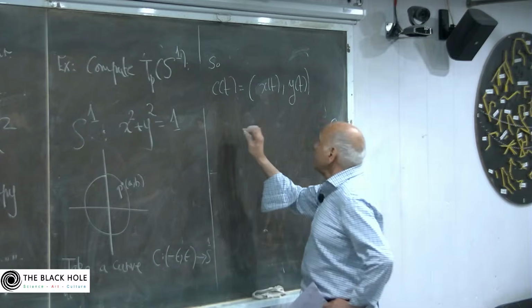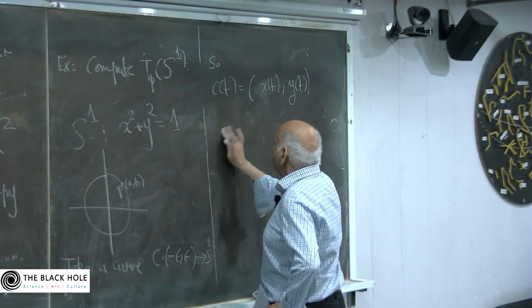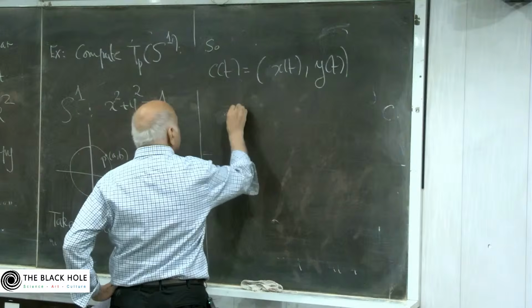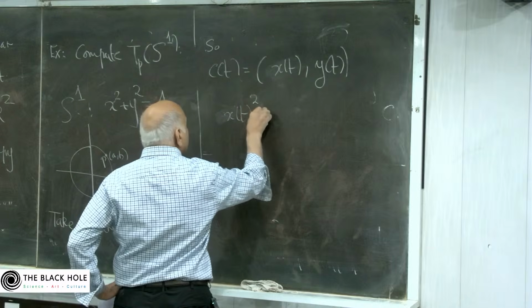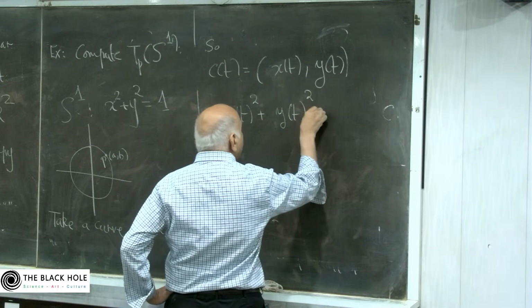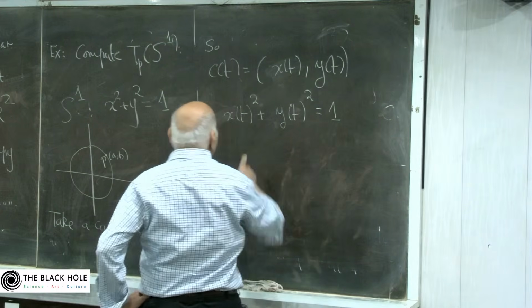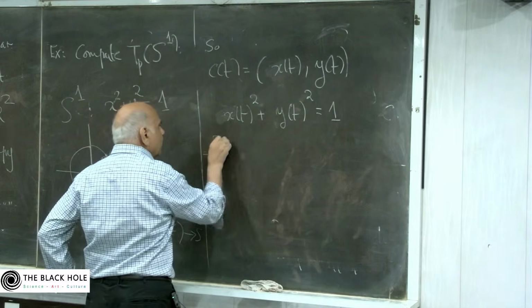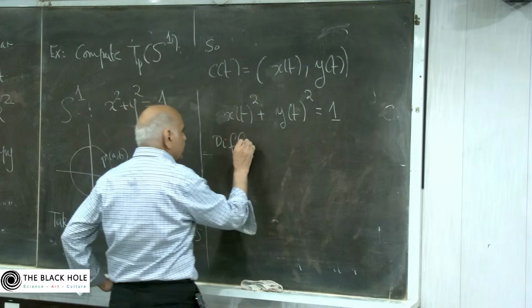So x(t) squared plus y(t) squared is 1. Differentiate this. What do you get? You always do this when you want to compute the tangent space.